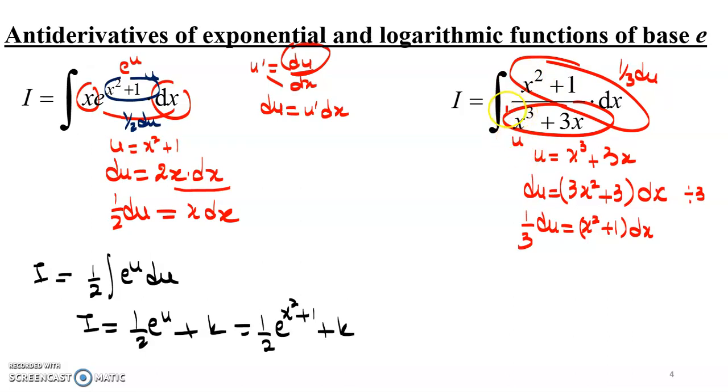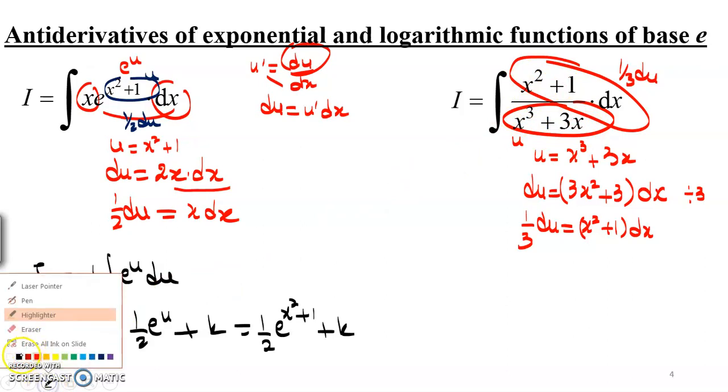So in that case, the numerator could potentially be the derivative, because the derivative of a cubic polynomial is a quadratic polynomial.